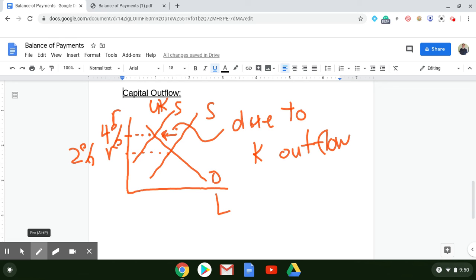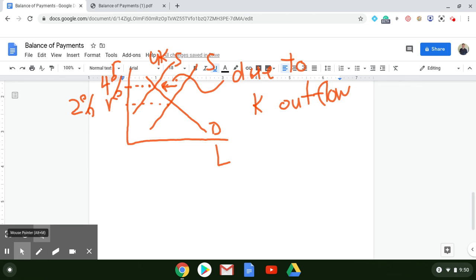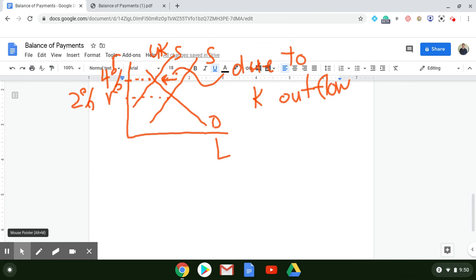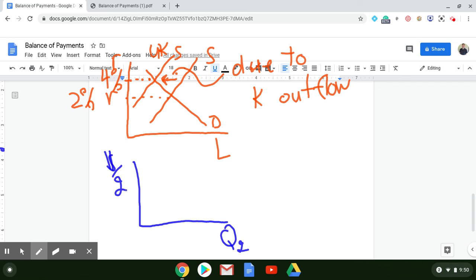Let's see how it affects their currency. As you can imagine, it probably works in the opposite direction. So we've got quantity of pounds, dollars per pound, demand, supply. This is our market for pounds, making that pound symbol.